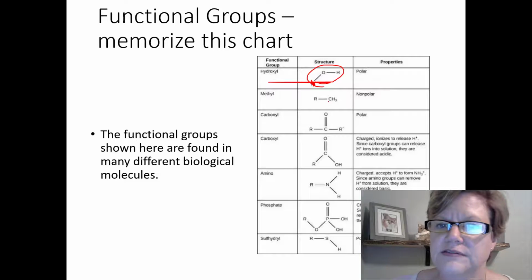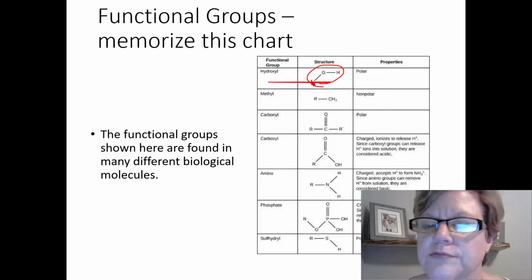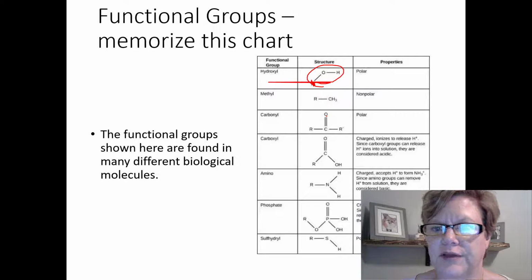The methyl group is C with 3 hydrogens. The carbonyl group, that's how you pronounce it, carbonyl, is a carbon with a double bonded oxygen in between 2 other parts of the molecule. So R can be whatever, anything.